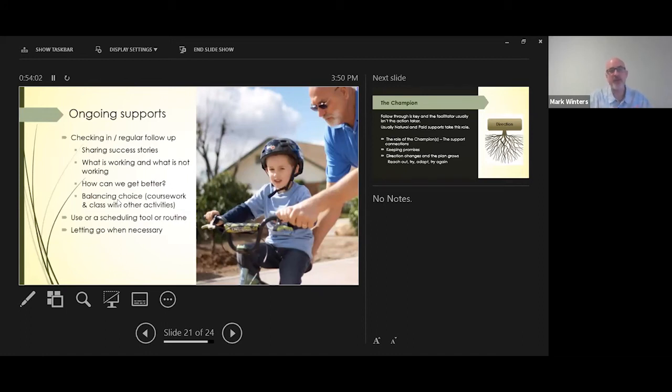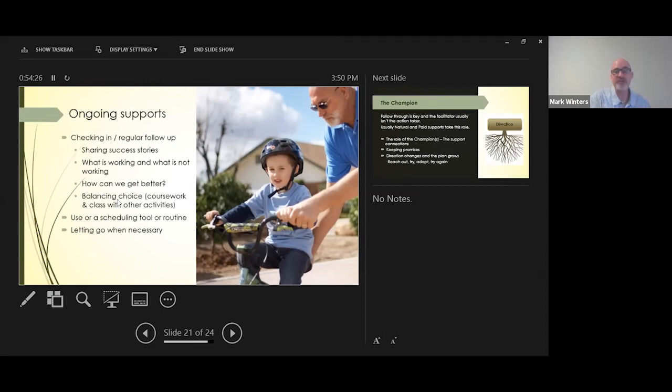The follow-up includes checking in, and in an education situation, in this environment, these ongoing supports are that much more important, that we consistently, on a regular basis and routine, check in and follow up.